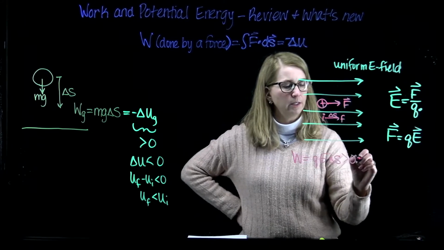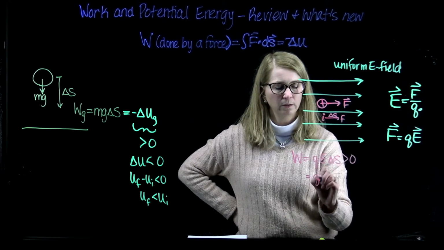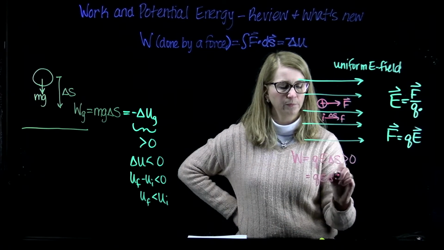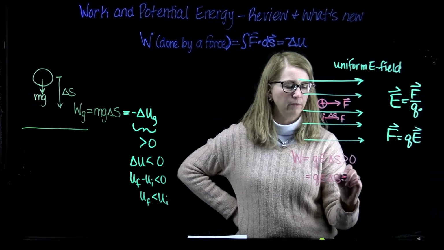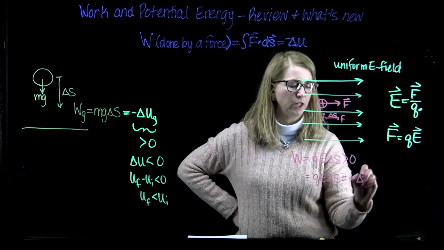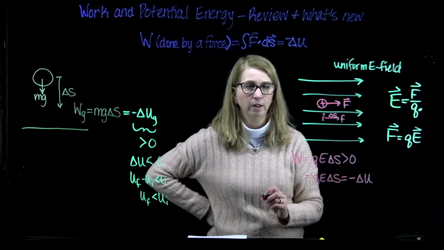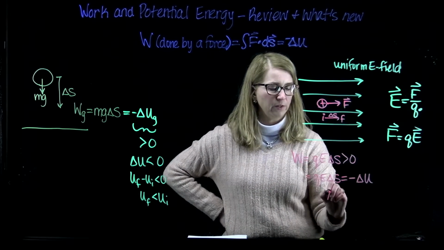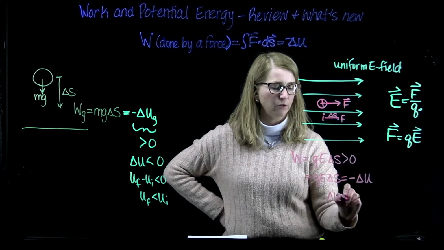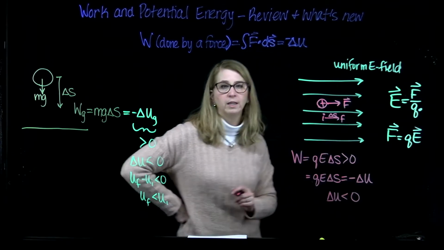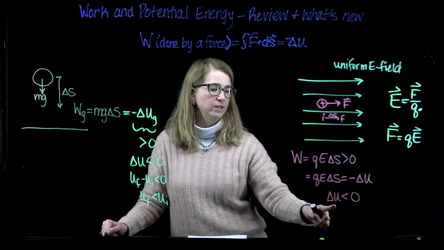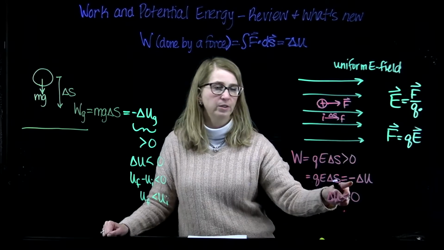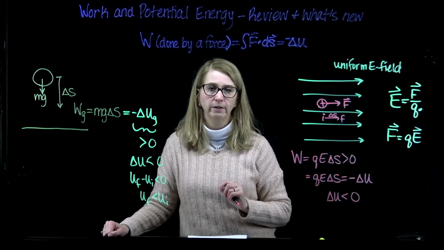And because this work is positive and it's equal to minus the change in the potential energy, the change in potential energy has to be negative, because we'll have this negative sign times this negative give me a positive.